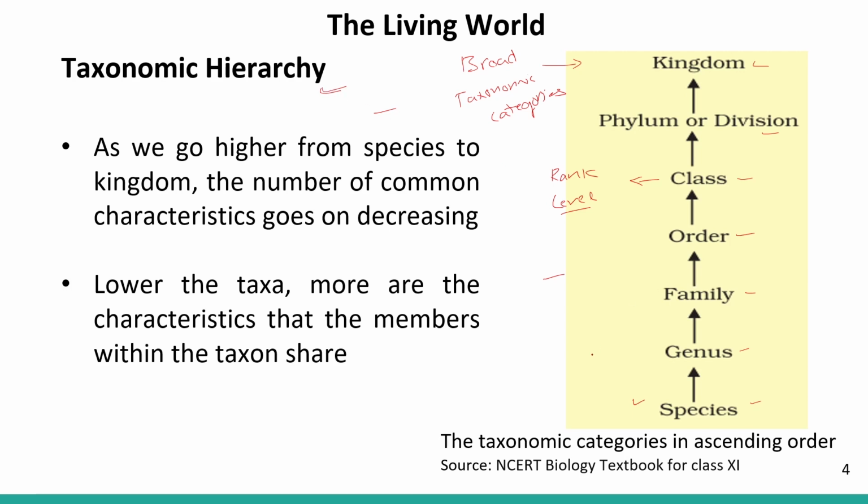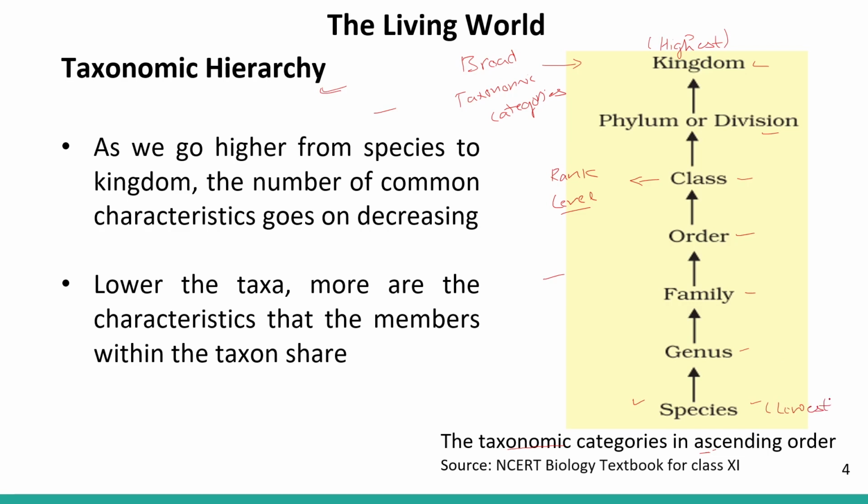This figure represents taxonomic categories in ascending order, from the lowest taxonomic category to the highest. Kingdom represents the highest taxonomic category, whereas species is the lowest.